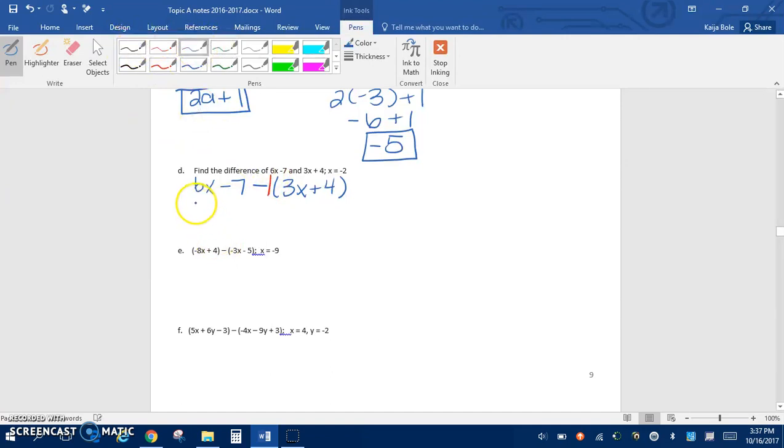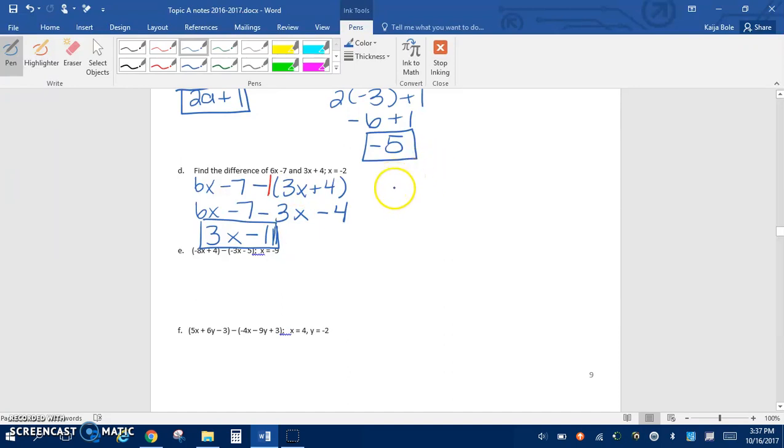So we will have 6x minus 7, but then a minus 3x, and then minus 4. So now we combine like terms. So 6x minus 3x gives us 3x, and negative 7 minus 4 gives us minus 11. So that's our simplified form here.